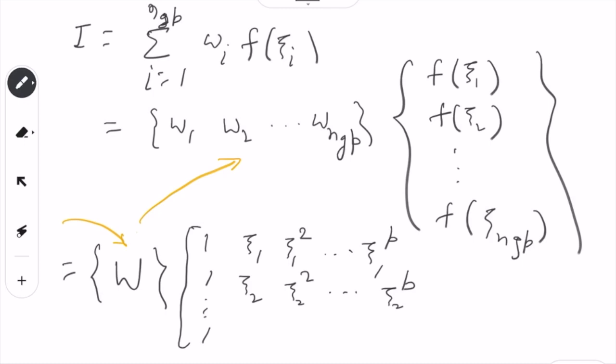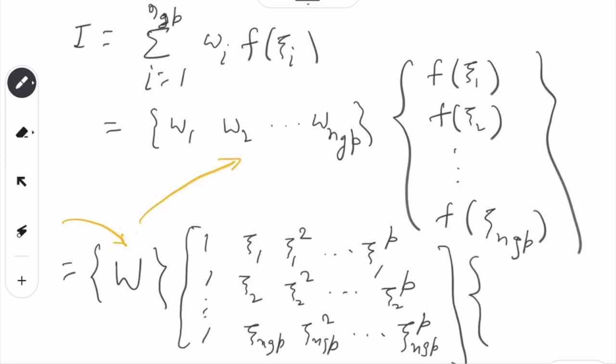Then you have 1, and then xi ngp, xi ngp square, and so on, xi ngp to the power p, like this one, and then you will have alpha.